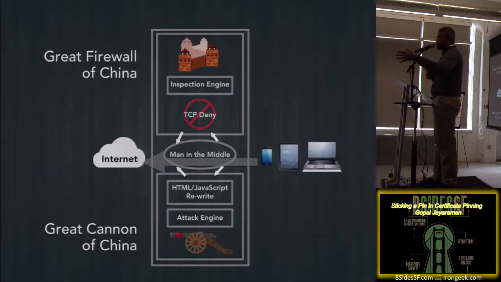They can say, okay, this traffic seems to be creating problems, let's do a TCP deny. So they do archiving like the NSA, but they also do inline inspection and block traffic if they decide you're not supposed to access a particular website, like Facebook, from China.